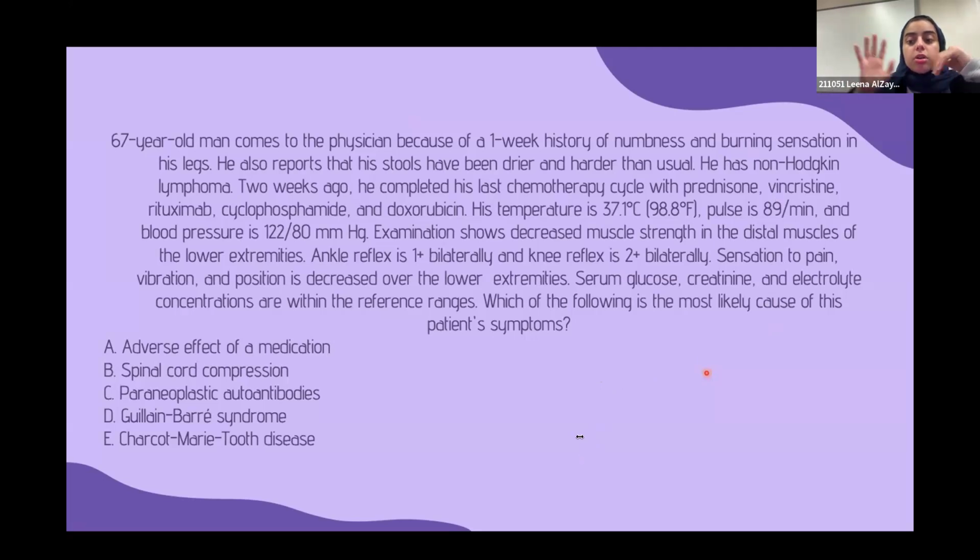Isn't the normal for reflexes 2+? Everyone thinks it's D. One second, I will double check the normal score of the reflex. While I'm looking for the normal score of the reflex, which I think is 5, can you guys explain to me in the chat why you think it's Guillain-Barré syndrome?